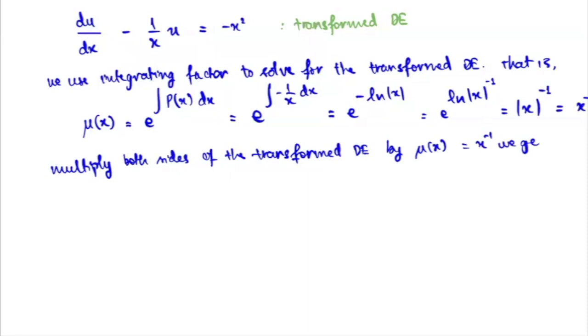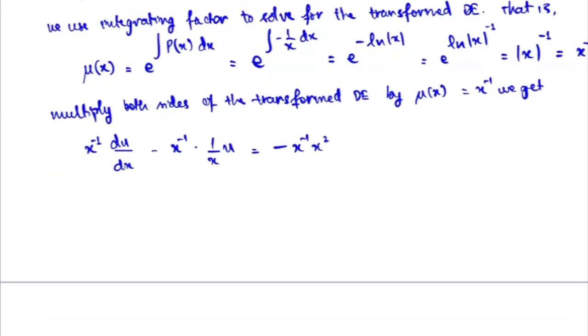We get x to the negative 1 times du/dx minus x to the negative 1 times 1 over x times u equal to negative x to the negative 1 times x squared.